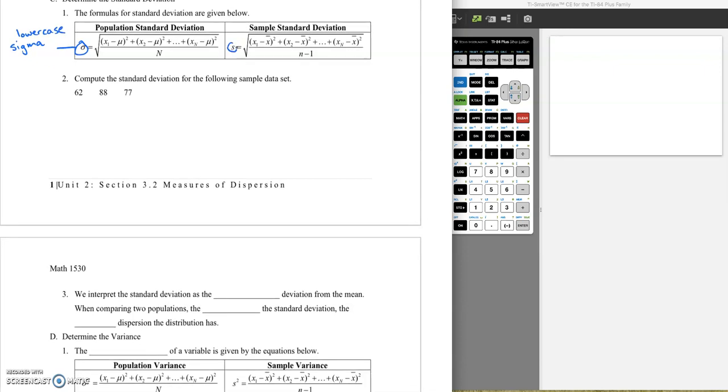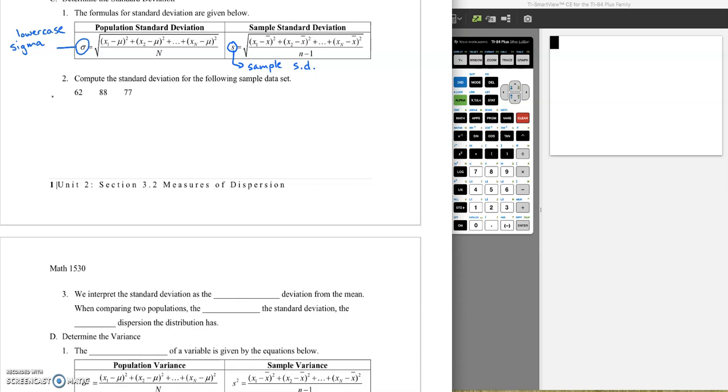And the sample standard deviation just uses the little s. So just like with the mean, you have to know whether you're talking about a population or a sample, so you know whether to use the sigma or the s.